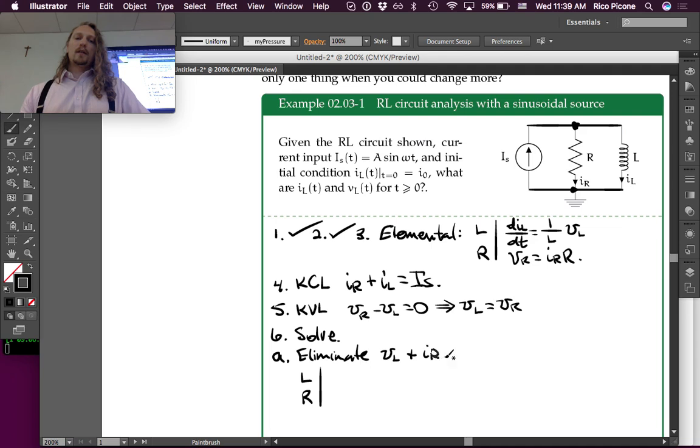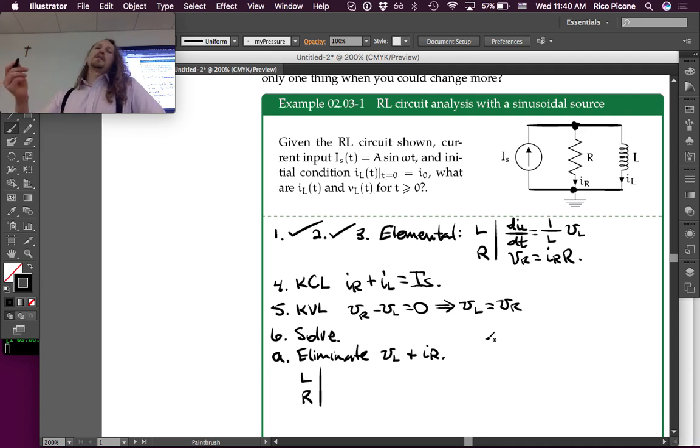So you might say, okay, could you have chosen to eliminate, say, VL and VR? Yes, that would have been a fine choice. Could you have chosen to eliminate IR and VR? Yes. And actually, in fact, that would have been fine.